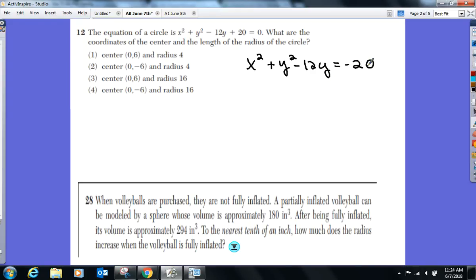Okay, and leave it x squared. That should tell you right away what's your x coordinate going to be. 0, and then that really doesn't help you given the multiple choices. But yeah, good. The x coordinate of the center is going to be 0, and then y is going to be something else when we complete the square.